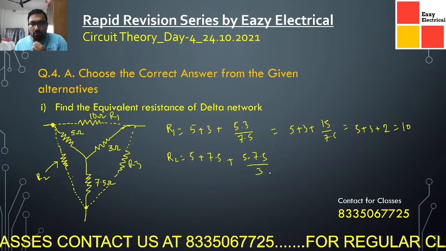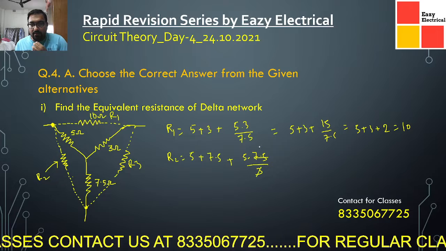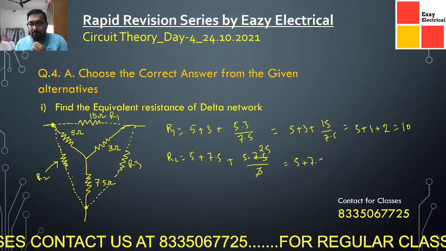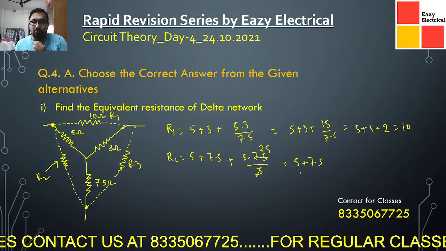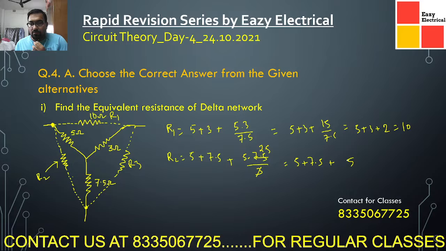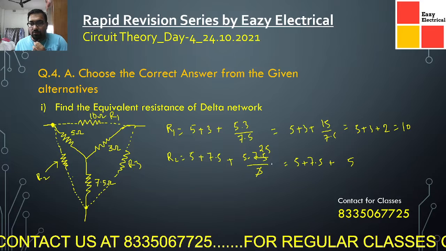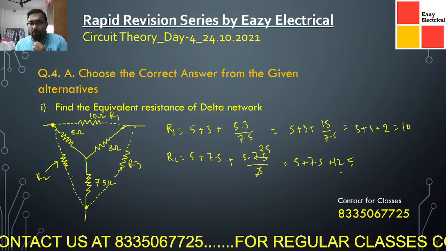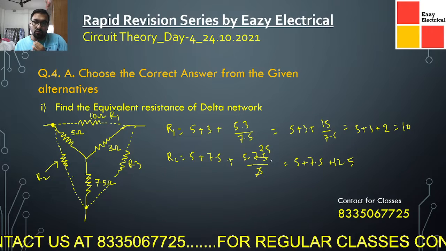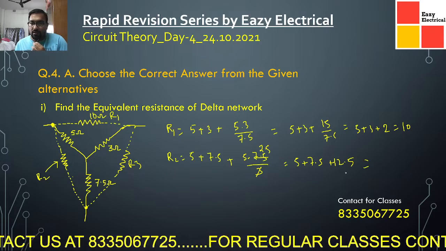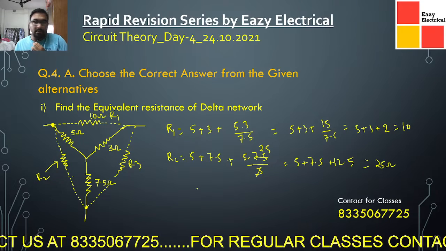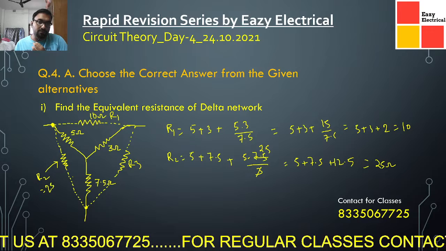So here you can get that 2.5 value. So it is 5 plus 7.5, which is 12.5. 12.5 plus 12.5, so here you can get 25 ohms. So here it is 25 ohms.